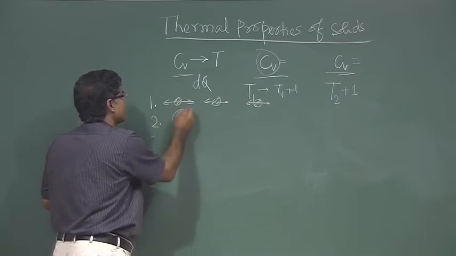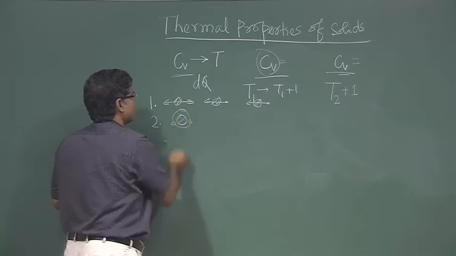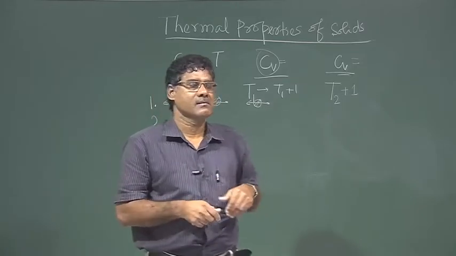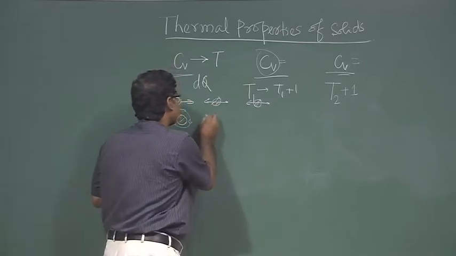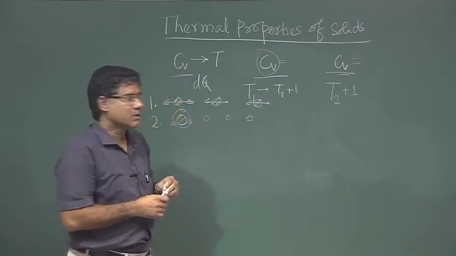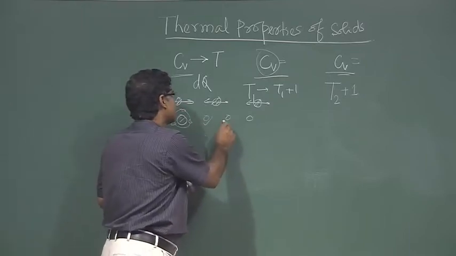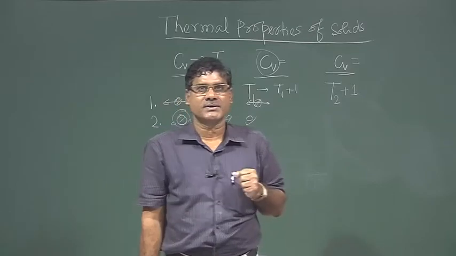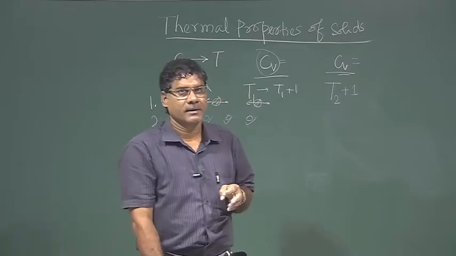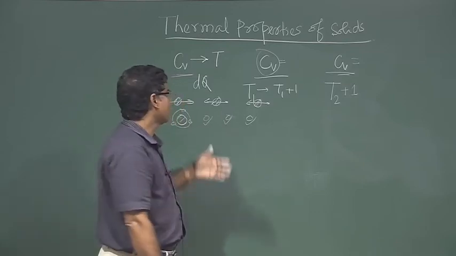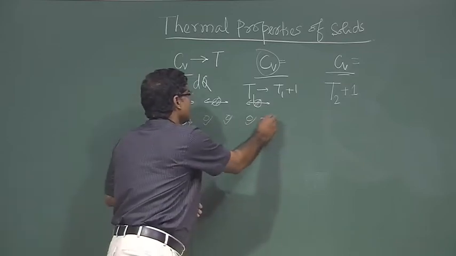And the second contribution: atoms have electrons, right. In case of especially metals, there are some free electrons. The electron's kinetic energy will change when we supply heat energy, so it can contribute to the Cv.